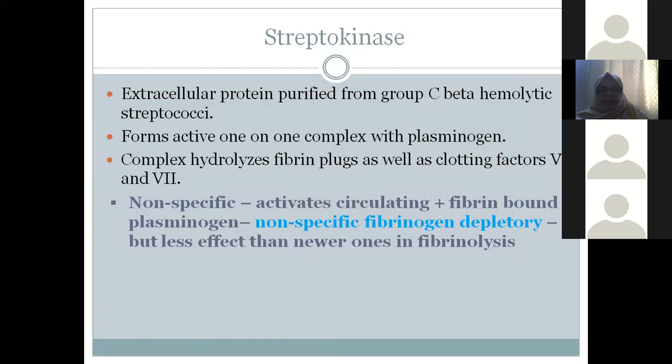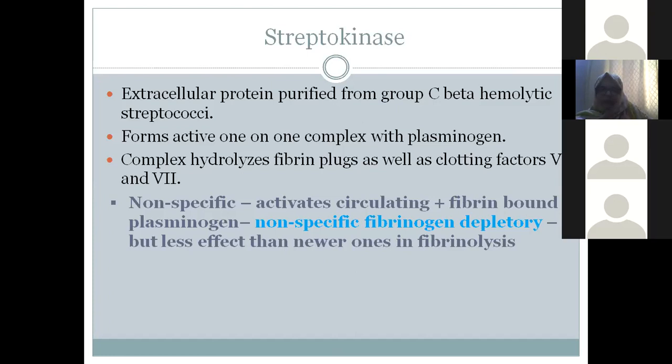Streptokinase is an extracellular protein purified from group C beta hemolytic streptococci. It forms an active one-to-one complex with plasminogen. The complex hydrolyzes fibrin plugs as well as clotting factor 5 and factor 7.